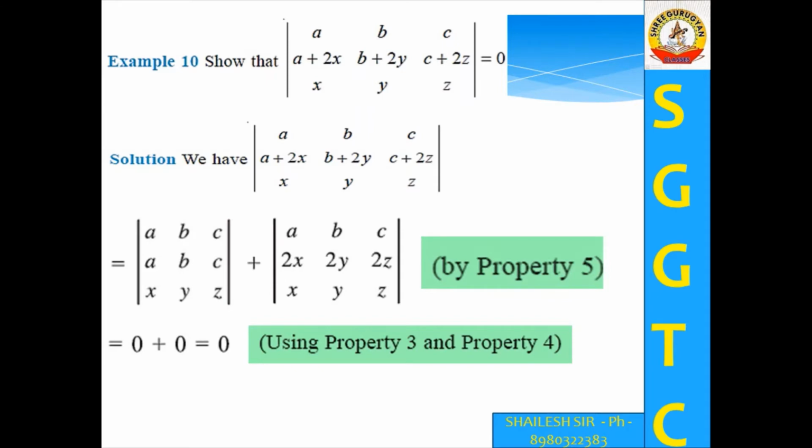So a plus 2x: this is a and this is 2x, both are separated. One is a here, 2x is here. Same as b and 2y, it is called b plus 2y. And same as here, C and 2z is also next.